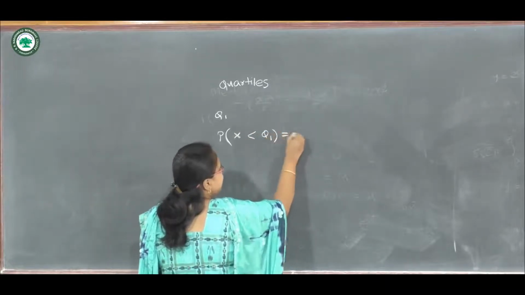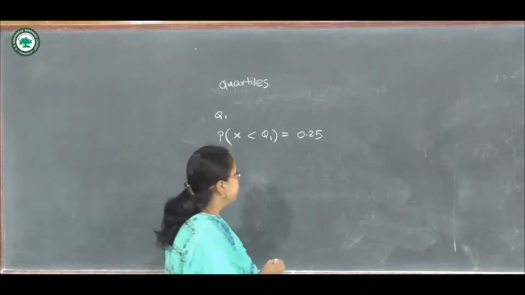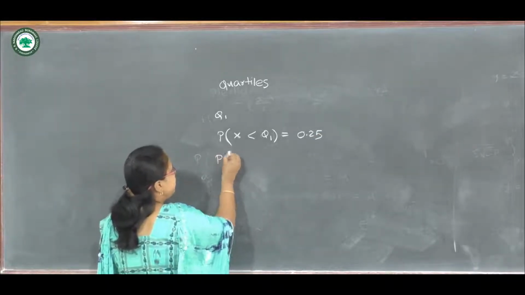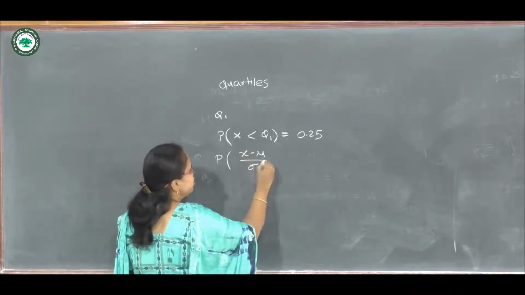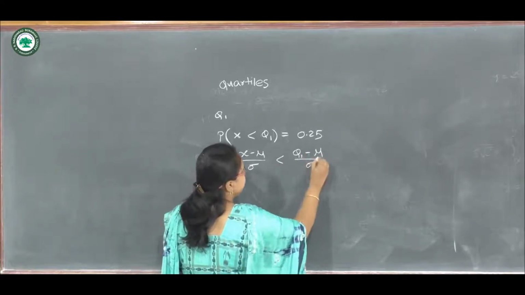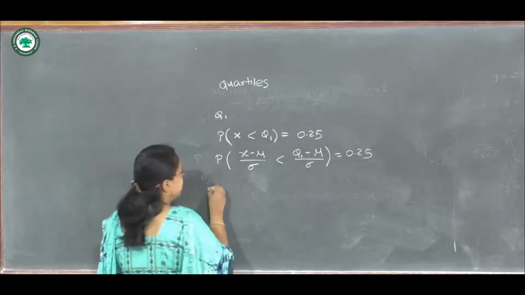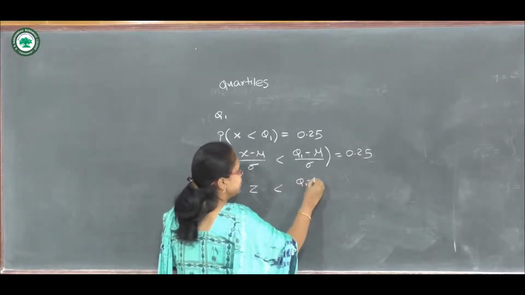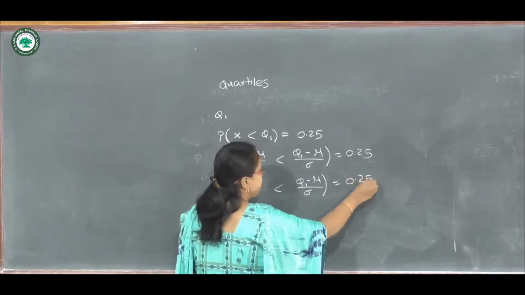We know that there is a 25% area before Q1. Then for obtaining such a probability, we can convert it into the standard normal distribution. So this implies probability of z less than Q1 minus mu upon sigma equals 0.25.